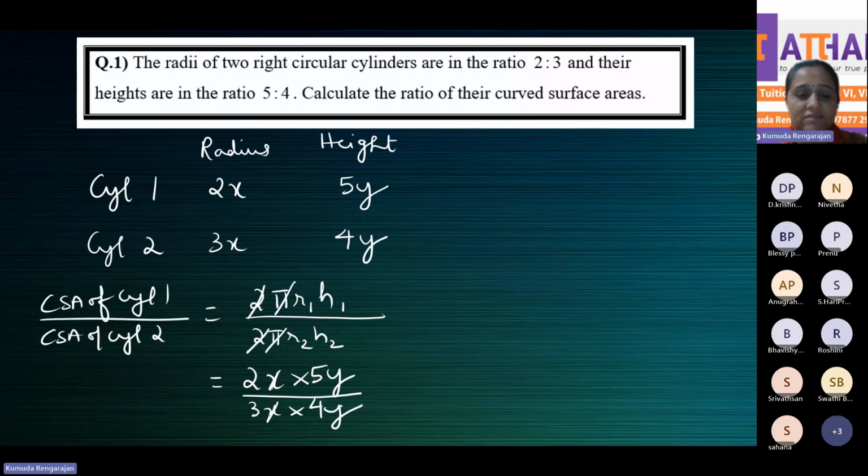So x and x gets cancelled, y and y gets cancelled. 2 ones are 2, 2 twos are 4... so we have 5 by 6 or 5:6 is the ratio. The required ratio is 5:6.